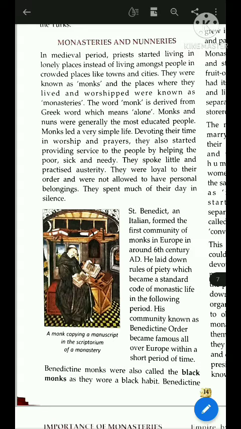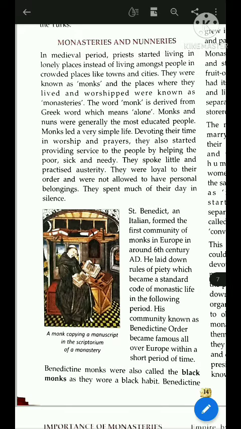The word monk is derived from a Greek word, the meaning of which is alone. Monks and nuns were generally the most educated people. Monks led a very simple life, devoting their time to worship and prayers.